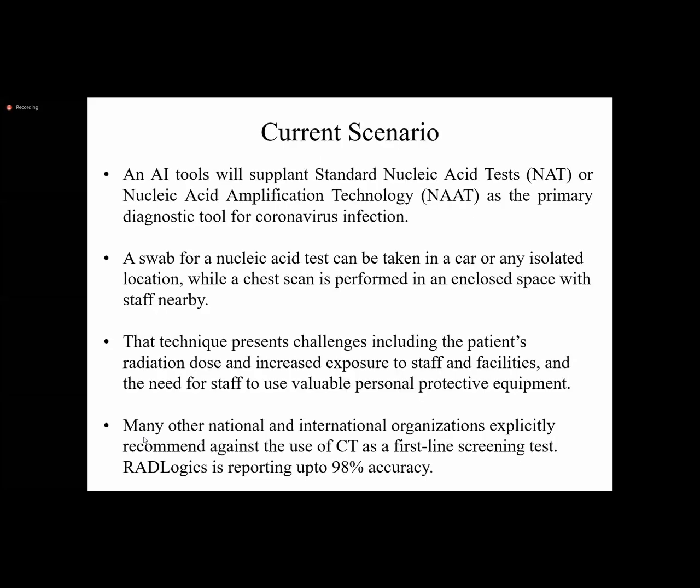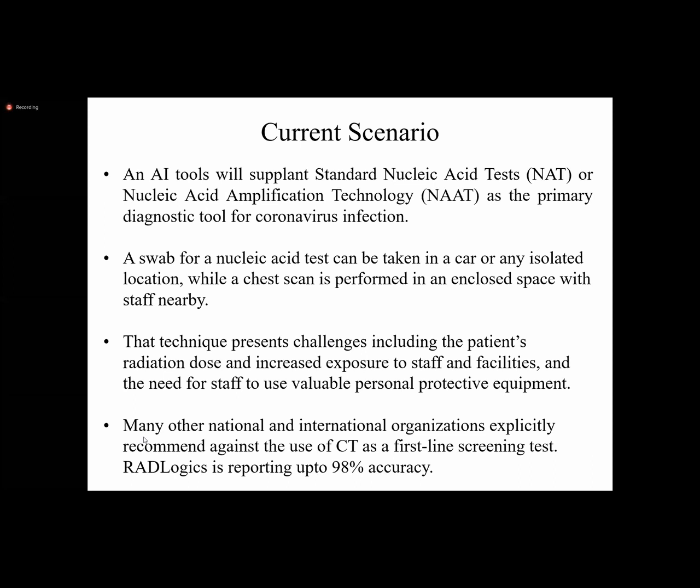The AI tool will supplement the standard nucleic acid test, a particular microbiological test we use to detect the COVID-19 virus. We cannot use CT as a primary diagnostic tool. A swab for the nucleic acid test can be taken in a car or at any isolated location, while a chest scan is performed in an enclosed space with staff nearby.